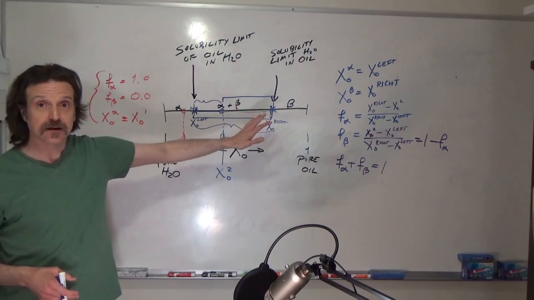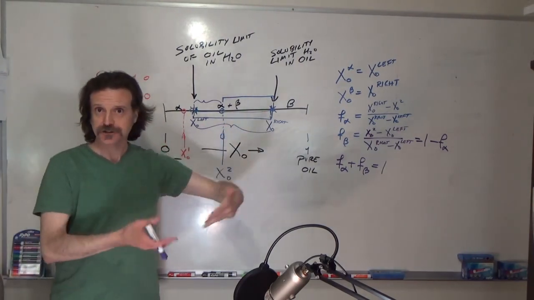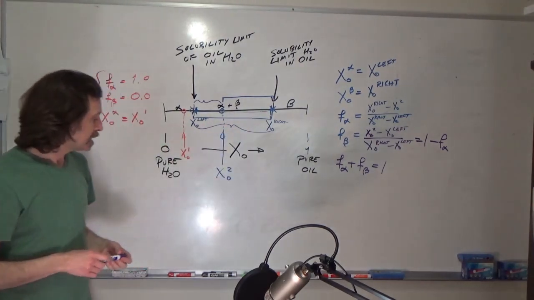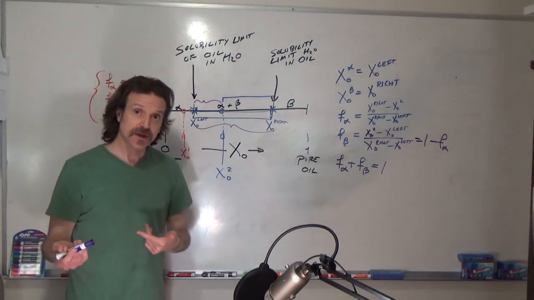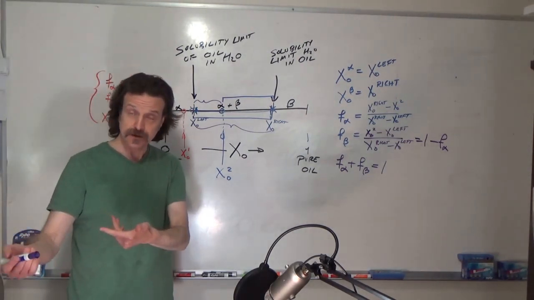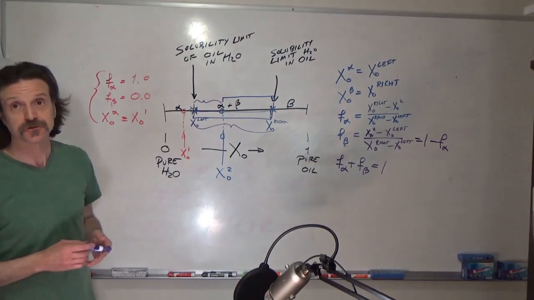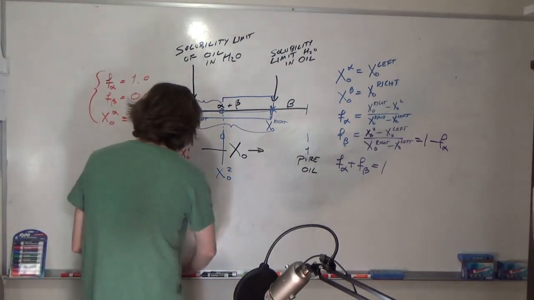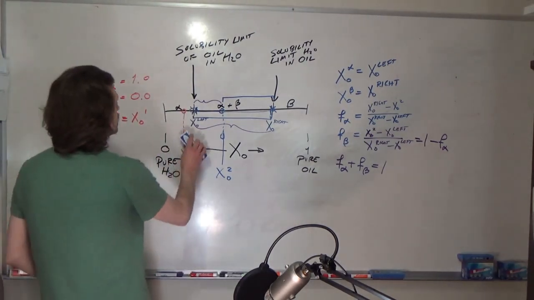And then in this binary phase diagram, we kept temperature, pressure, etc. constant. Now I want to point out that we can change those and we can make a diagram that's not just a straight line. So for example, let me erase this.